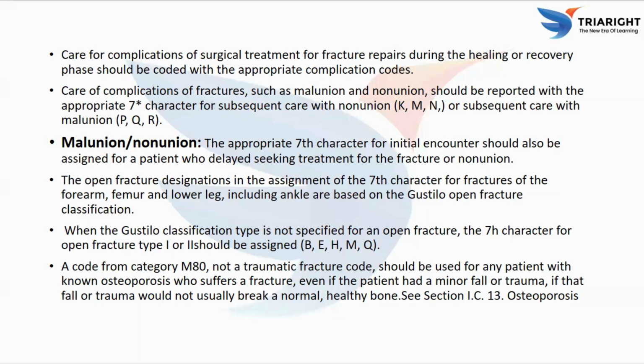Why? Because a healthy bone would not fracture from minor trauma. The underlying cause is osteoporosis, not the injury. The example is an elderly patient with osteoporosis who falls from standing height and fractures the hip. You have to give the code M80.051, which is the correct code instead of the fracture code.